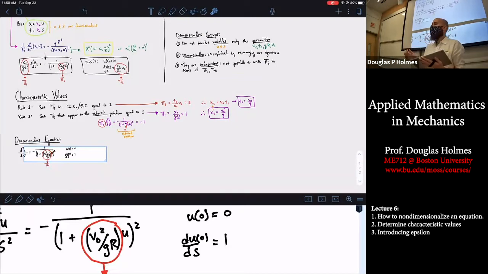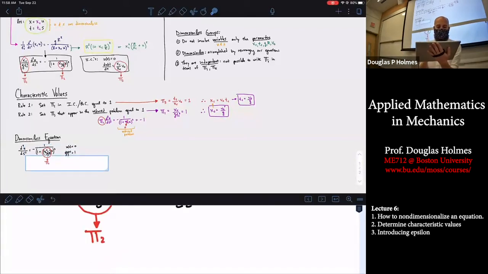But the other thing we know is that if we are able to reduce this problem by saying pi 2 is small enough that in principle we can neglect it, then pi 2 is a small parameter. And this is going to be really, really important. So we will often say pi 2, in this case, is a small parameter.